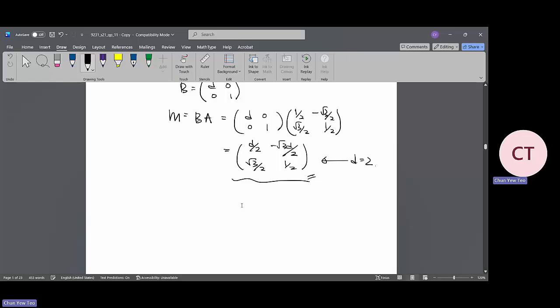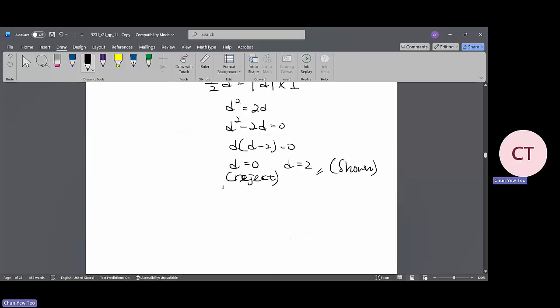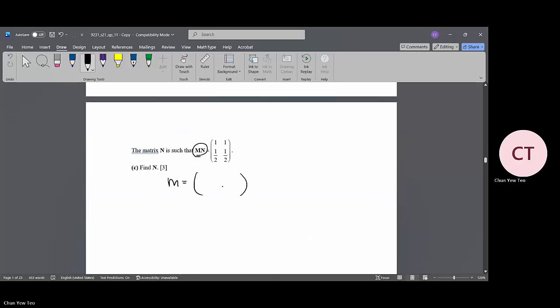Then you will get 1, negative root 3, and root 3 over 2, and a half. Then we find the M inverse. M inverse will be 1 over half plus 3 over 2. These two swap, and this one changes the sign.